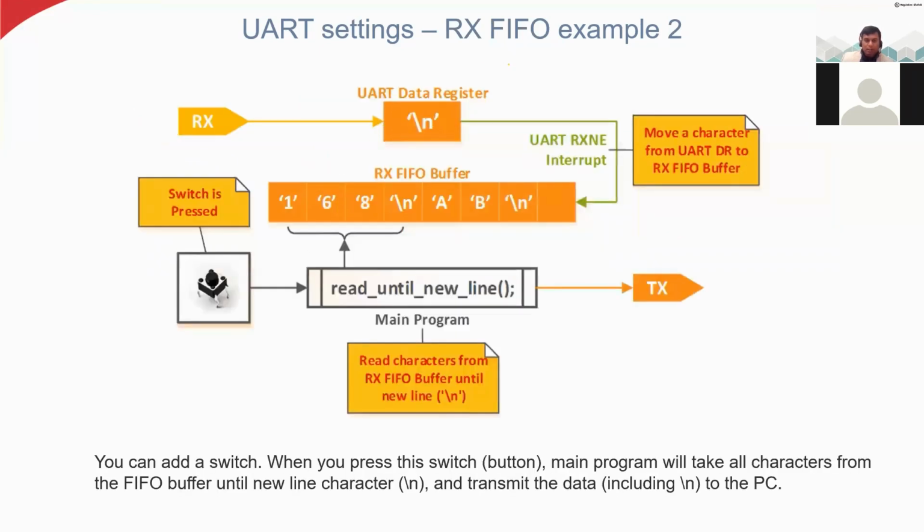Similarly, in example 2, we have the main program. You can add a switch. When you press this switch, what will happen? You are giving an external interrupt to the microcontroller. The main program will take all characters from the FIFO buffer, that is the first-in first-out buffer, until the program meets the new line.